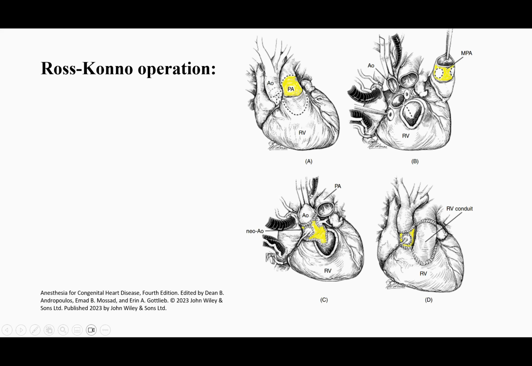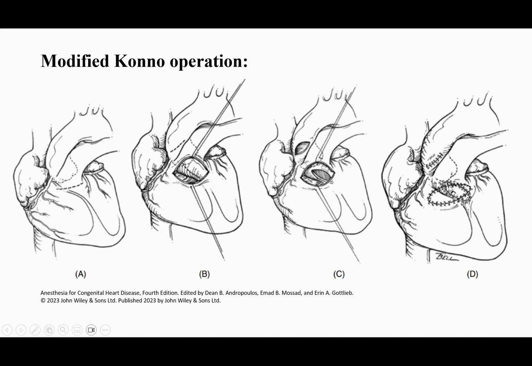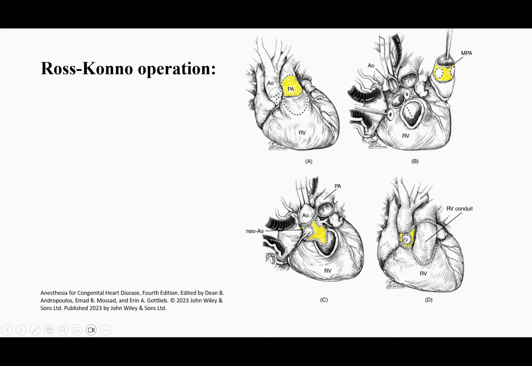So instead of just a patch for the LVOT, we include with it the pulmonary valve. So the pulmonary valve replaces the aorta here, and this tail is considered the patch to widen the LVOT, and then we implant the coronaries in the new aorta, and then we bring an RV conduit, or a Freestyle or homograft, in place of the pulmonary artery.